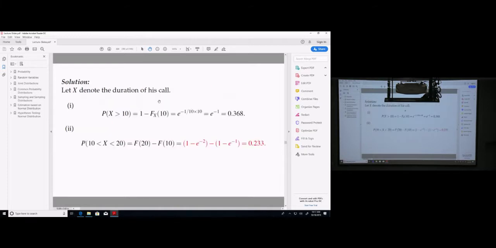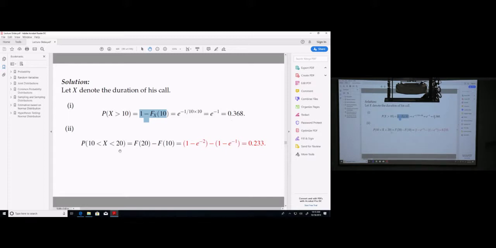I mean, why should you wait for this? All right. So the probability that x is bigger than 10, that means you have to wait longer than 10 minutes, will be just simply this. And now the lambda is given to be 1/10, and this 10 is from here, so it is just e to the power minus 1, and it is something like 37%.